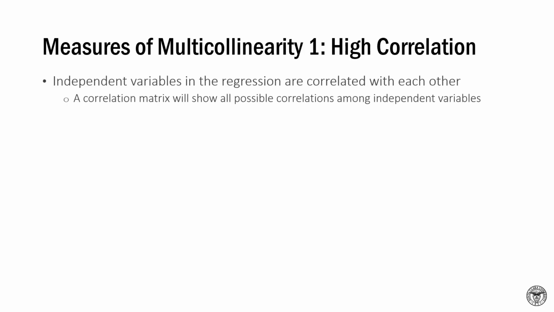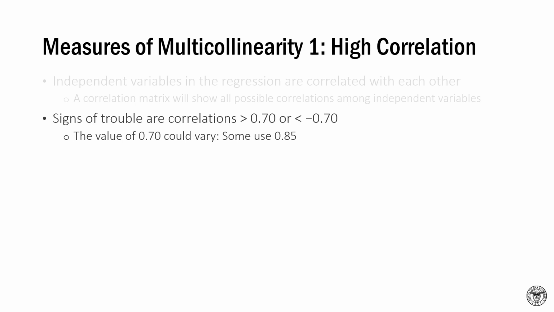Several approaches can be used to measure multicollinearity. One method involves observing the correlation among independent variables. High correlation between two predictor variables, indicated by correlation coefficients near +1 or -1, may suggest the presence of multicollinearity.